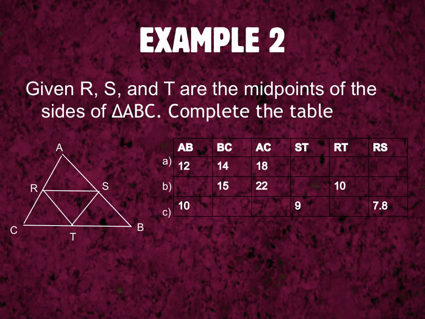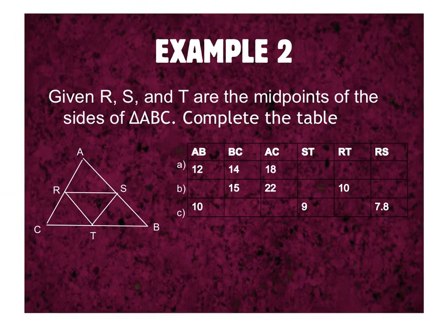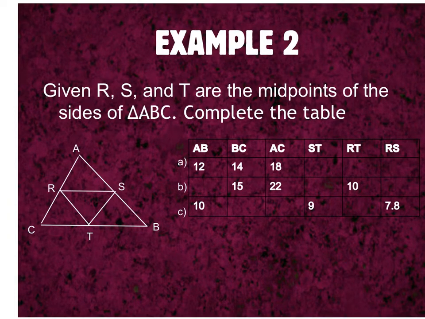So let's fill in this chart based on that. Now here's a couple things. I'm going to use this chart, and we've got triangle RST and the midpoints of the sides ABC to complete this table. Now they've given me some information. I'm just going to write that information on here, and as we go, we're going to change some things. So AB is 12. That's this length right there.